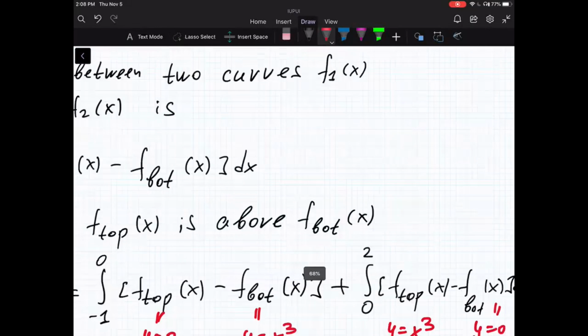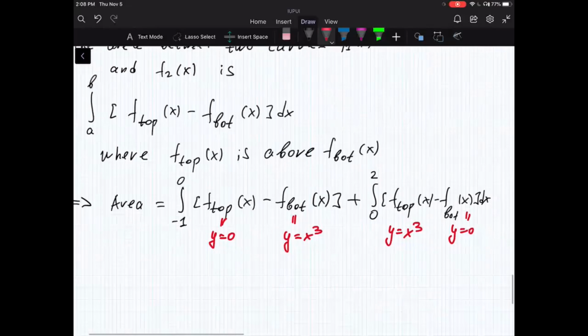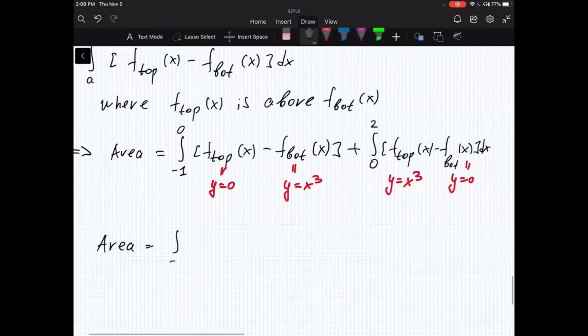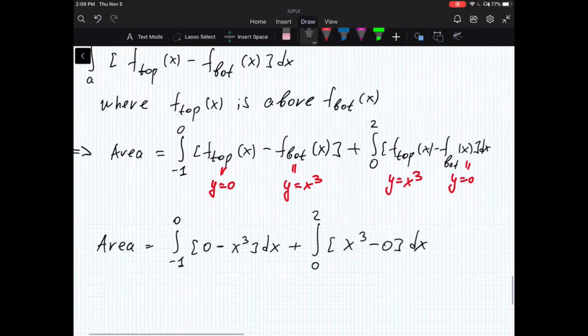So they switched. And finally, I'll get that my area is equal to the integral from -1 to 0 of 0 minus x cubed dx, plus the integral from 0 to 2 of x cubed minus 0 dx.